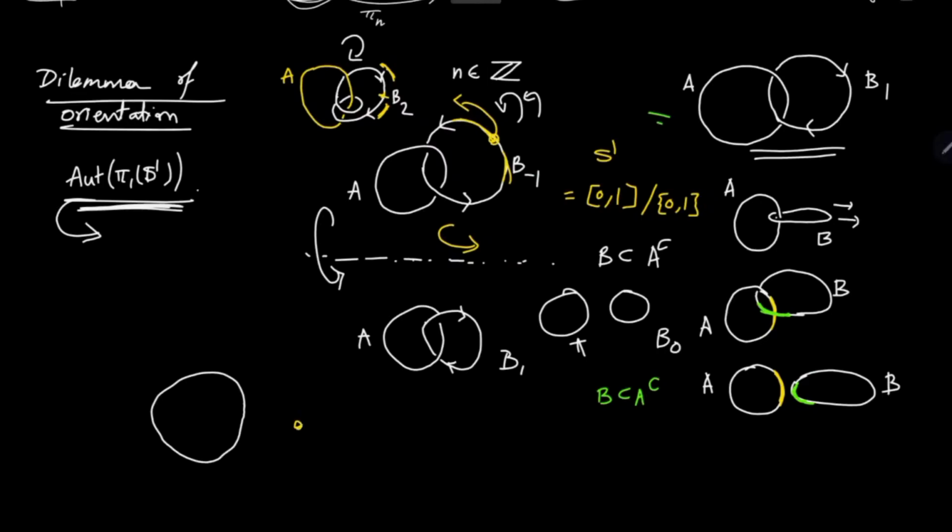So let's say you start with the base point here, you draw a B1, which goes like this, and after that you draw a B minus 1, which goes like this. So what you essentially did was that you went like that, then went like that.